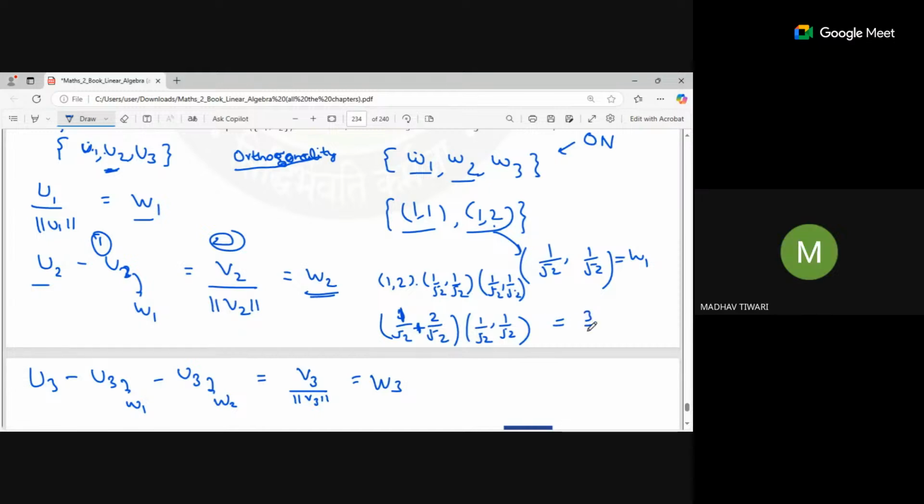Multiplying, I get 3 by 2 and 3 by 2. I have to remove this part from the vector (1, 2) now. If I remove this, it will be minus 1 by 2 and 1 by 2.